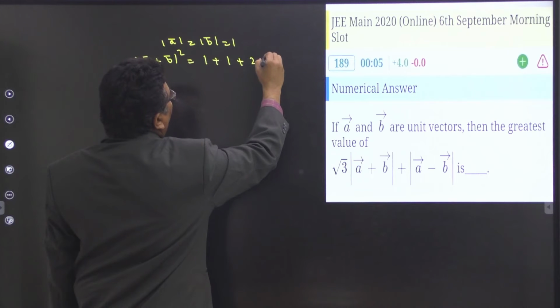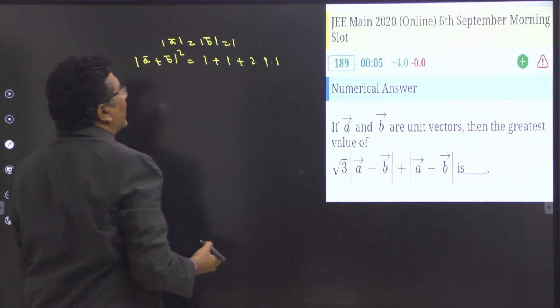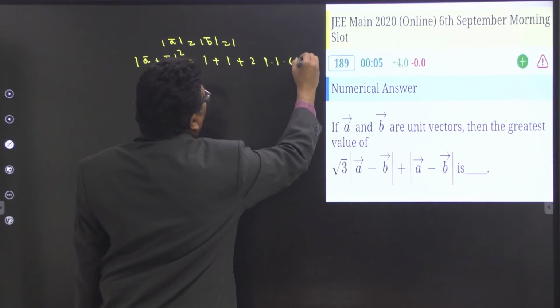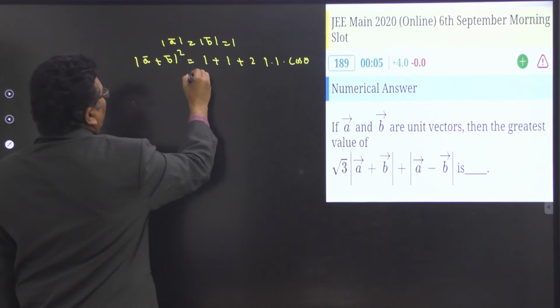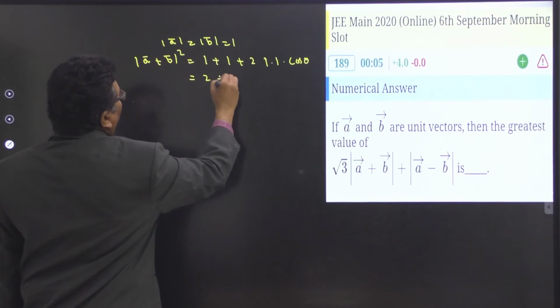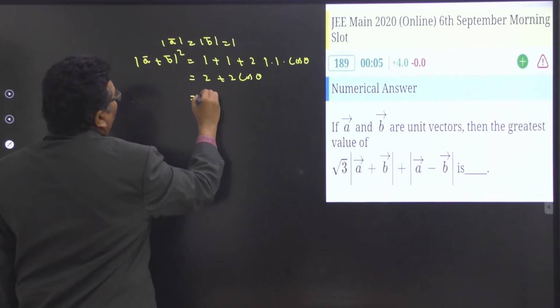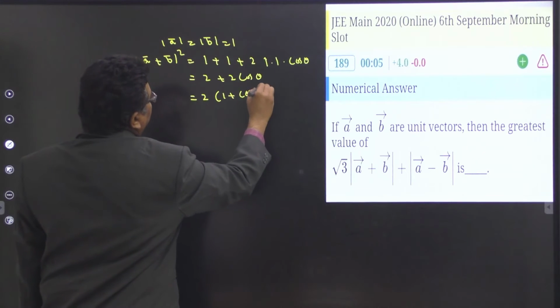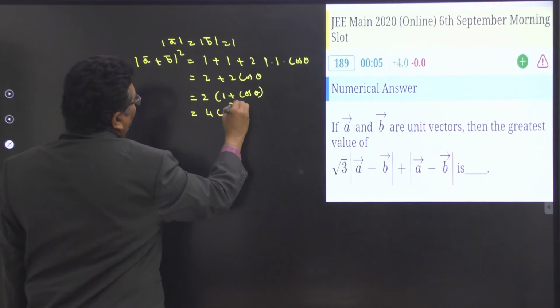What is A bar dot B bar? Mod A bar, mod B bar into cos of the angle between A bar, B bar. Suppose it is theta, that is cos theta. That is equal to 2 plus 2 cos theta. Take 2 as common, 2 into 1 plus cos theta, that is equal to 4 cos square theta by 2.